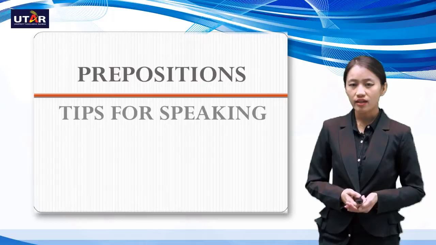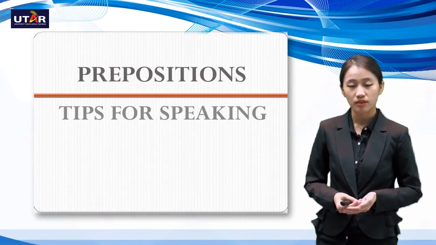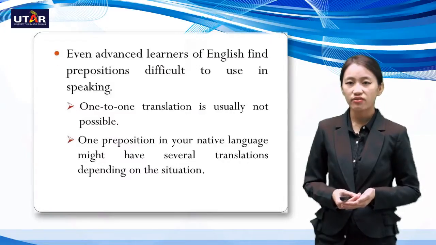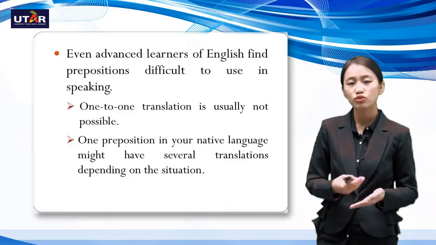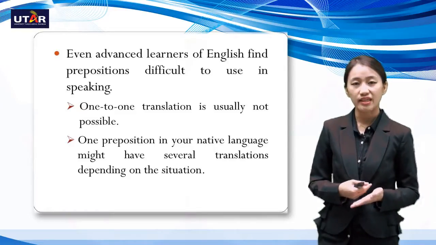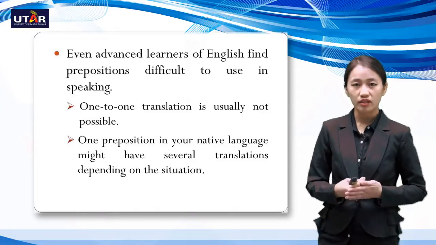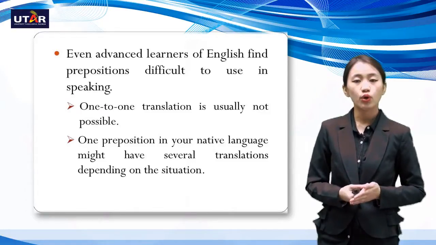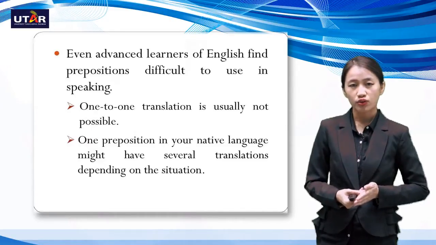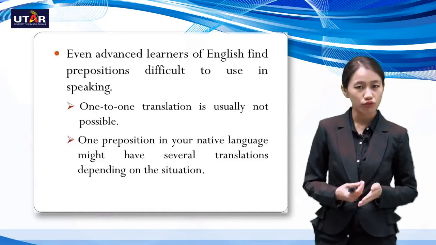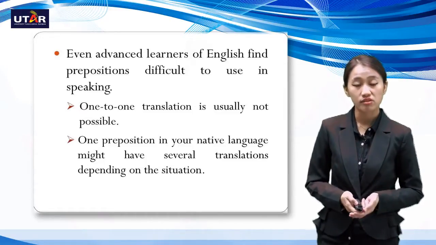Now why is that? One-to-one translation is usually not possible. So even advanced learners of English find it difficult due to the barriers in translating. If you have your own mother tongue alongside English, you would understand the difficulty that you face. So that difficulty is not only for beginners or intermediate, but it also applies to advanced learners.